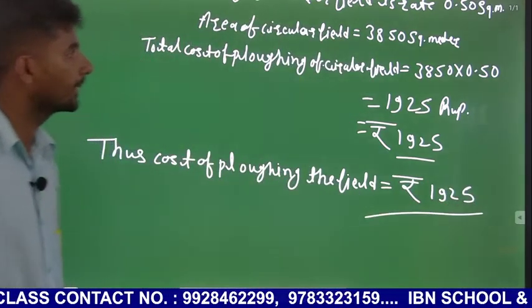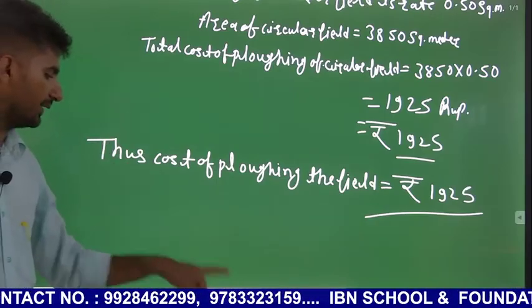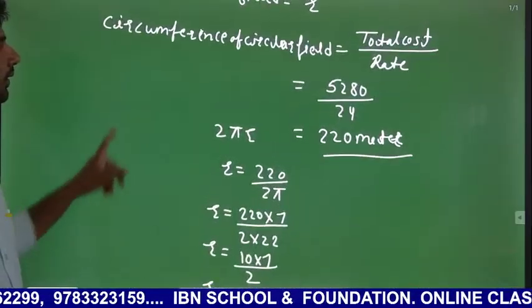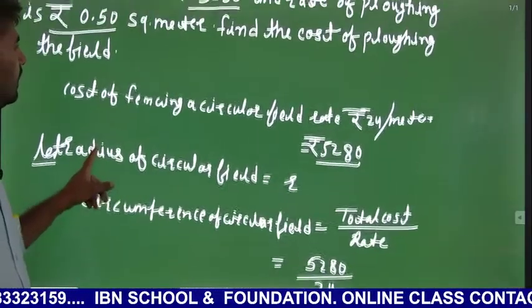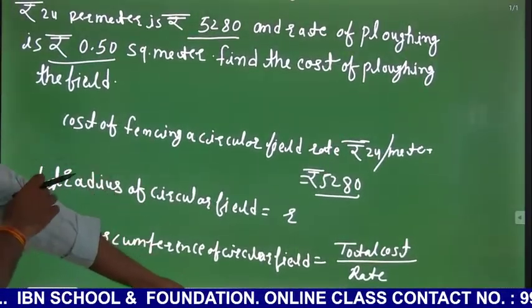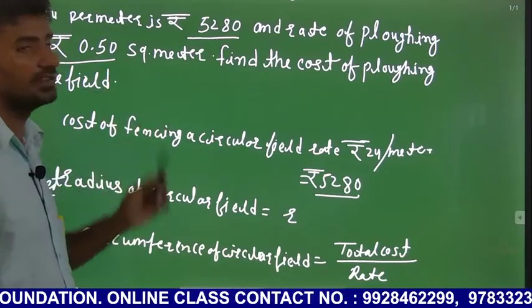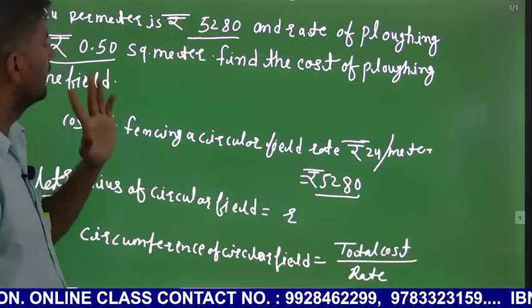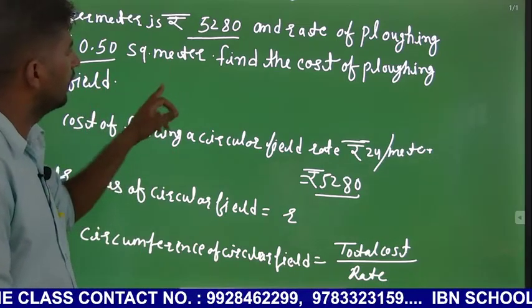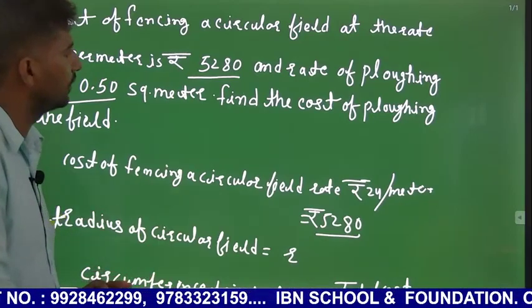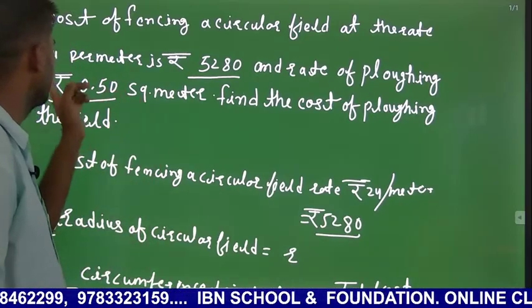Okay, so I repeat this question again. In this question, the finishing cost of a circular field is given at a rate per meter.